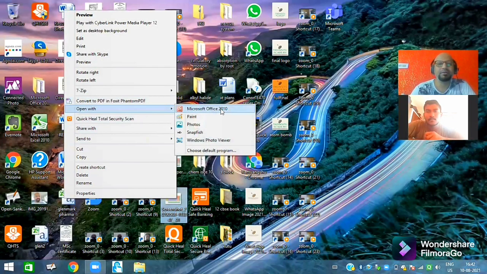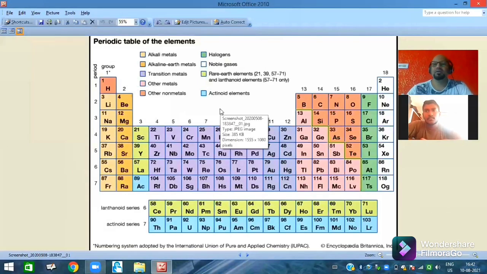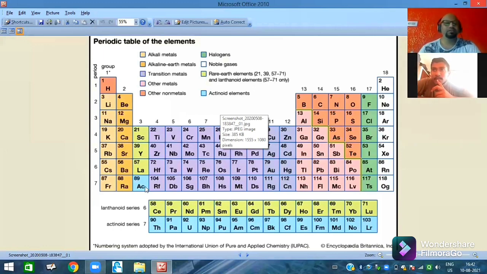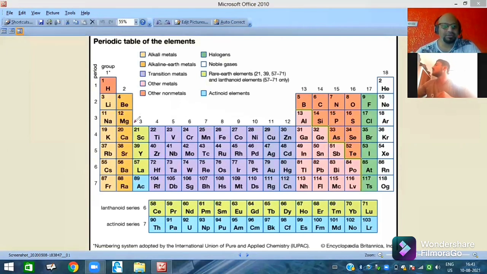Just a sec. Yeah. Now you can see this. Here is our periodic table, little small but cute periodic table. And in this periodic table, you'll find here is the D block element. It starts from here and ends here. This is called D block element.